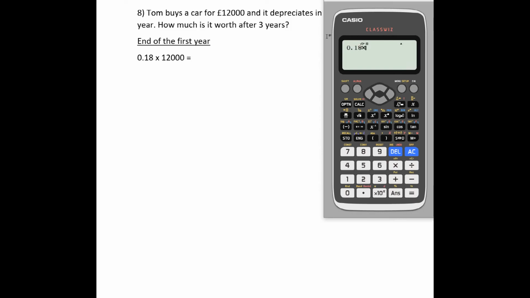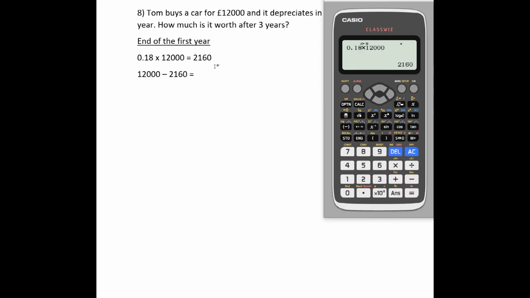So that is 2,160. I subtract that from 12,000 to get 9,840. So that's how much the car is worth after a year.